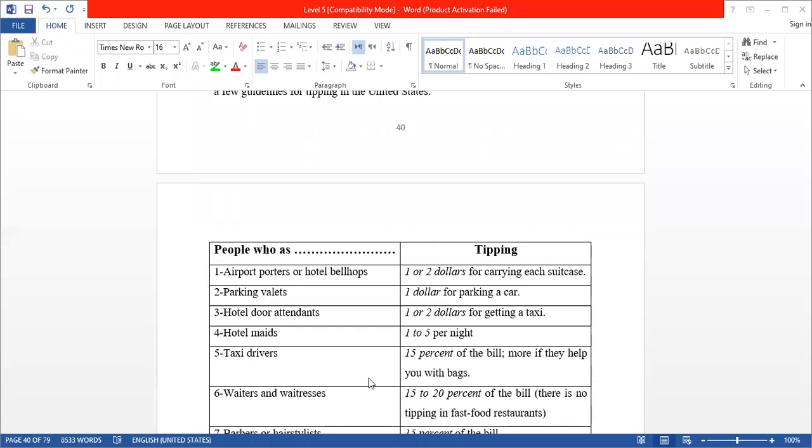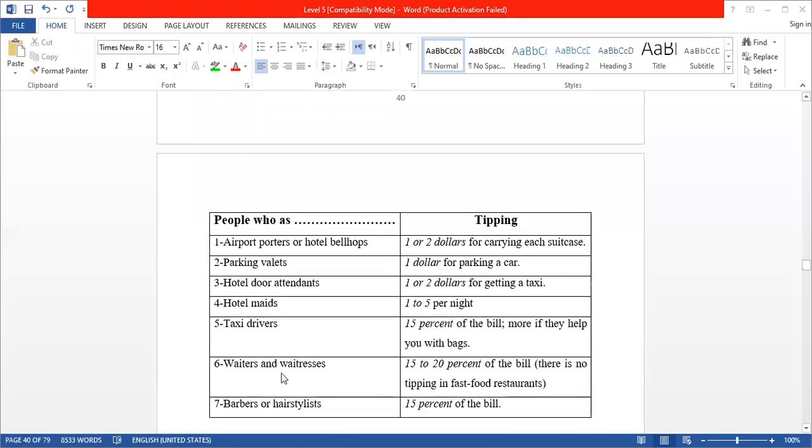Taxi drivers, 15% of the bill, more if they help you with bags. You are going to give extra when he helps you with your bags. Waiters and waitresses, 15 to 20% of the bill.